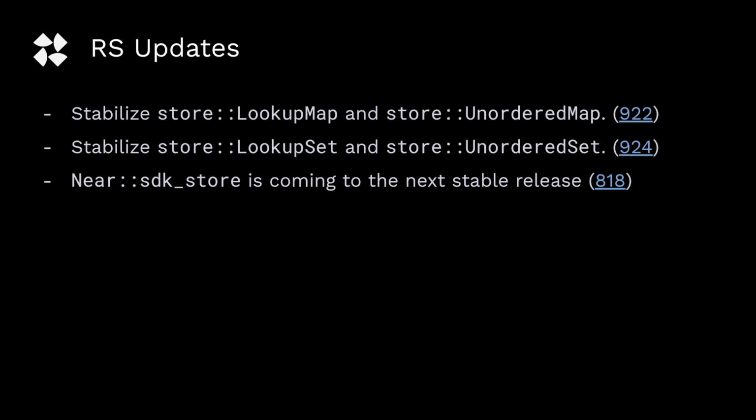So right now we're not seeing a huge amount of user-visible changes, but what we do have is stabilizing these new storage methods, which are slightly more efficient, and stabilizing specifically near SDK store, which pushes the flushing of changes from ephemeral to persistent memory until the end of the program run, which will do fewer writes, which will save you gas, and will also stop potential race conditions from contention over pieces of memory during asynchronous computations.